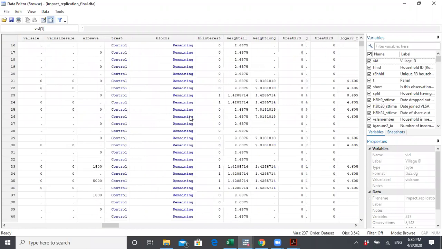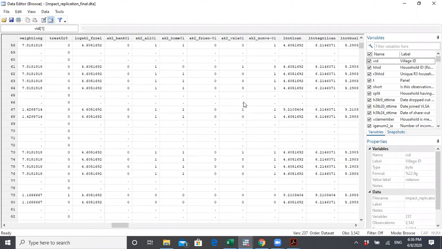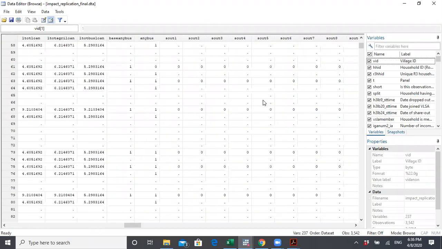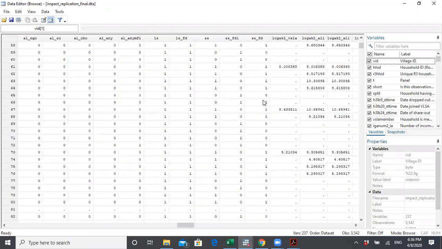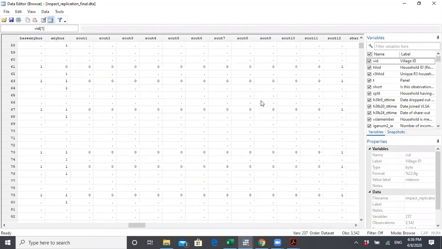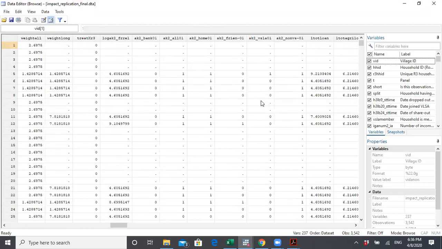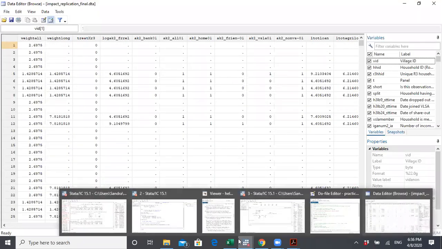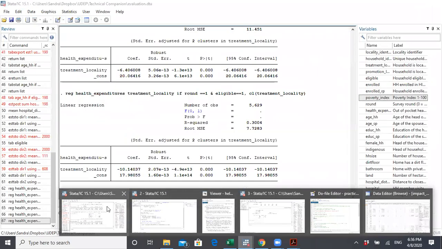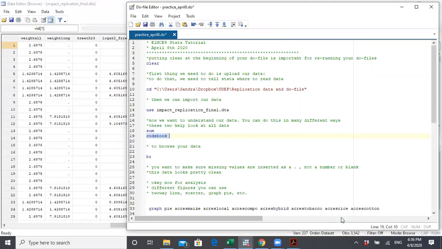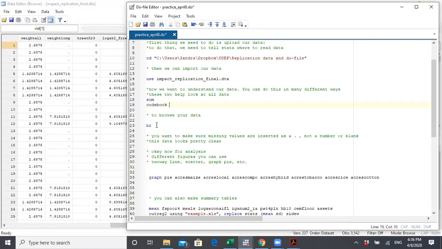What would be bad is if our missing values were some sort of number like 99. Sometimes authors clean their data like that, so a missing value is the number 99. Of course, you want to be aware of that because if we're running any sort of analysis, that's going to bias our estimate, not because of our research strategy, just because we didn't correctly address our missing values.